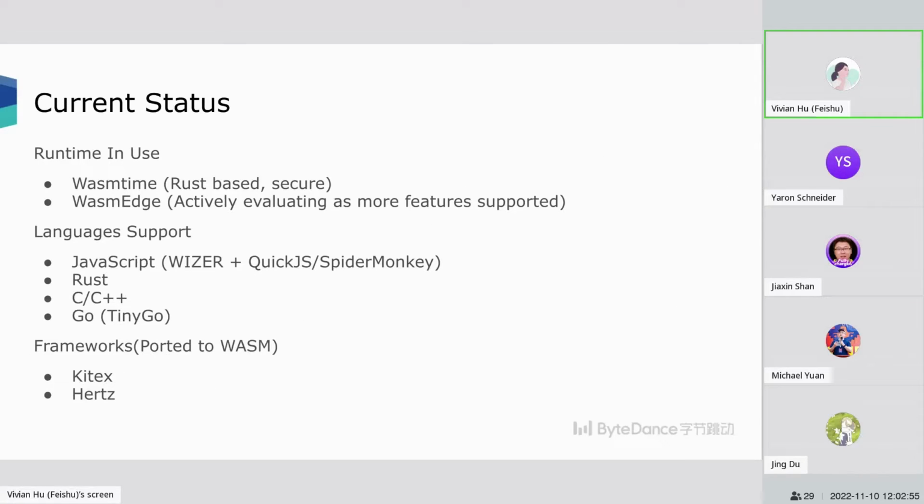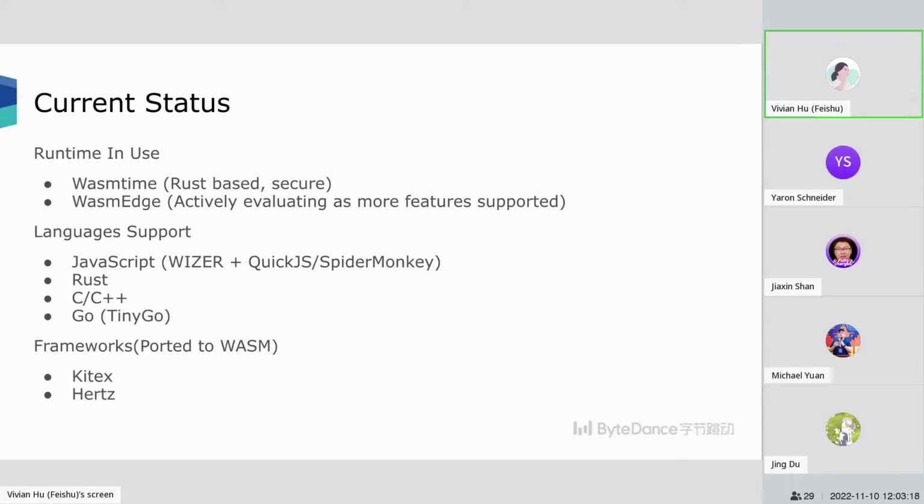Okay, so the current status of the fast system. We were using Wasmtime because it's Rust based, and using the Rust language you can avoid a lot of simple mistakes that you can make in other languages like C or C++.